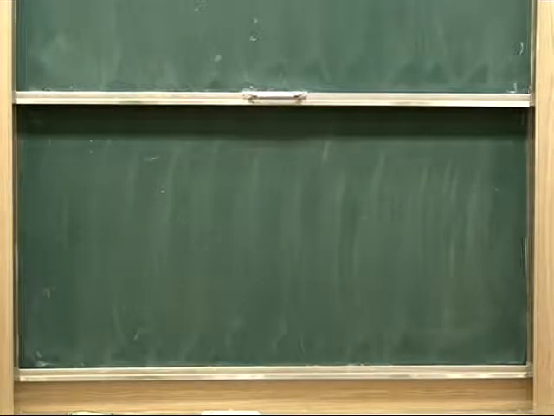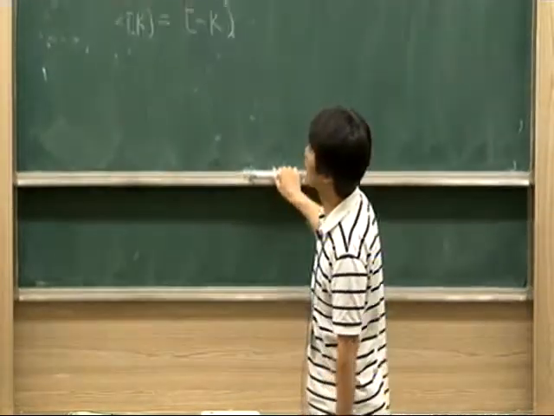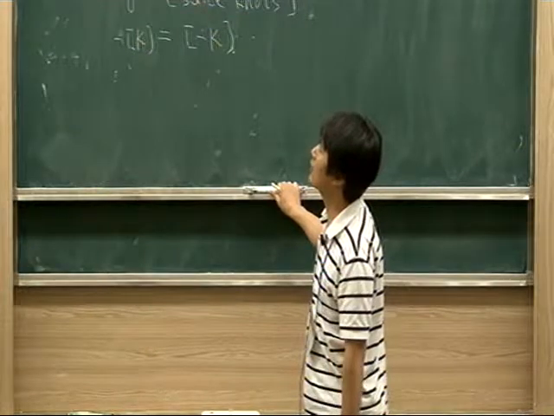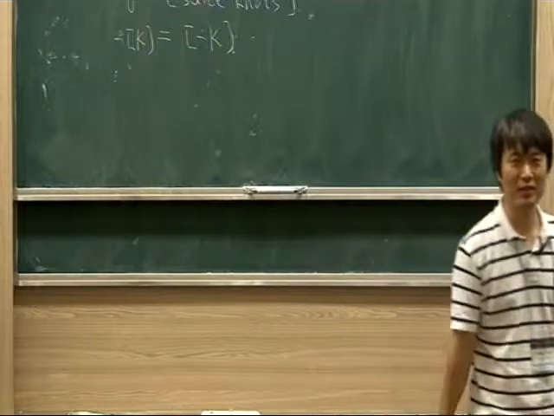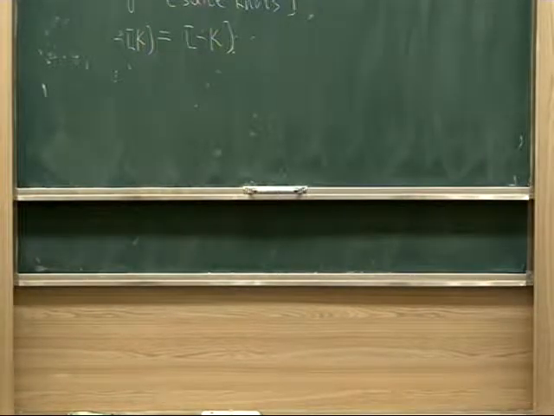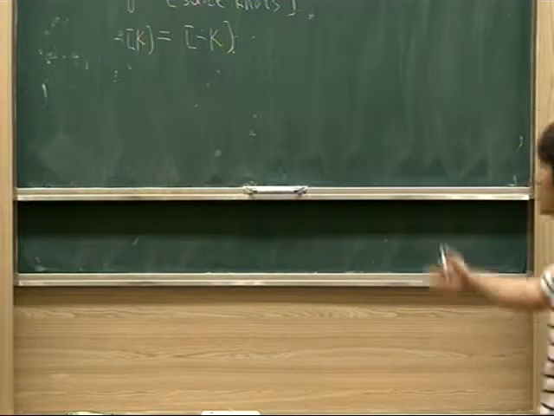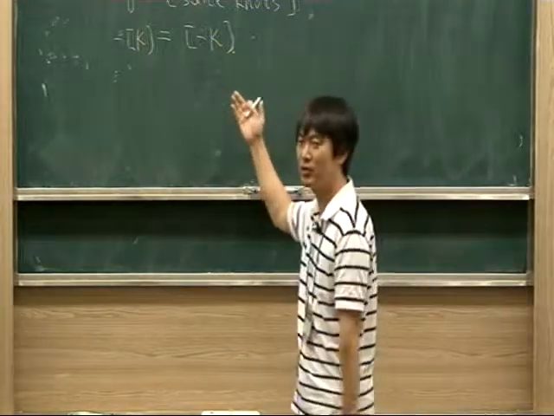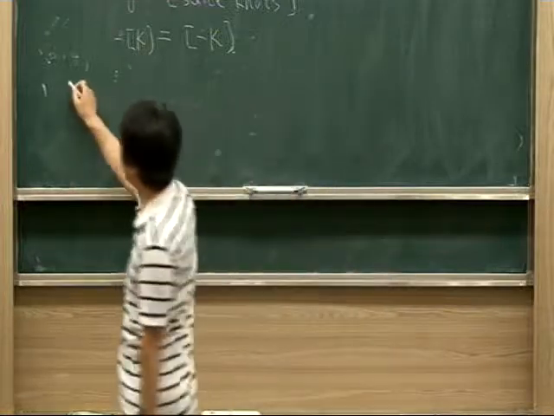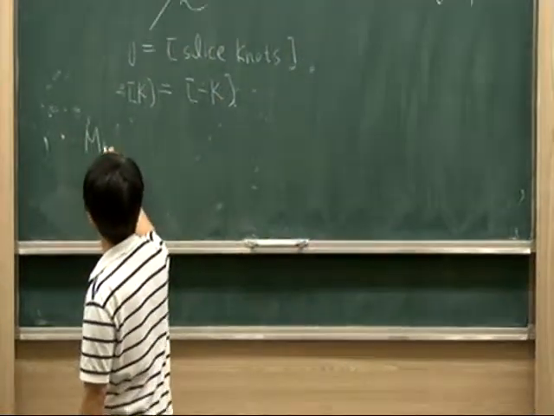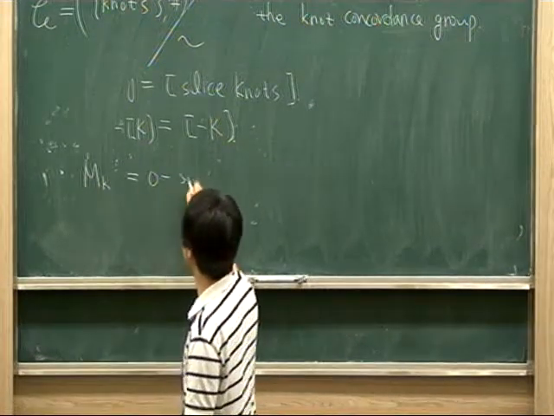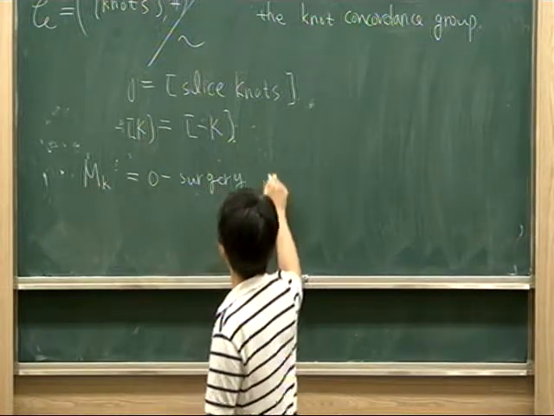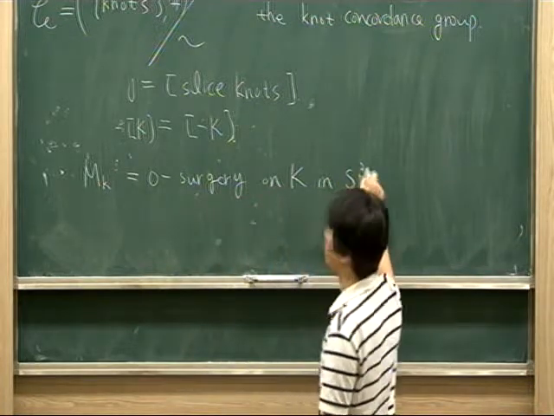All right, so we have this knot concordance group, and so why are we interested in knot concordance? First of all, to me at least, knot concordance itself is a very interesting and just a fun subject, and of course it has deep relationships with other subjects in topology. For instance, let me denote the zero surgery on the knot by N_K. So N_K is zero surgery on K in S3.